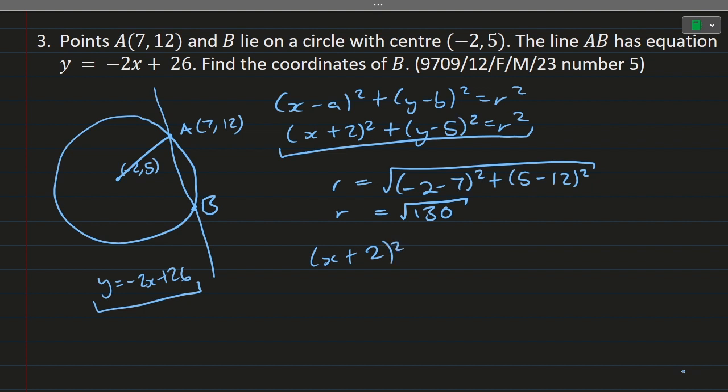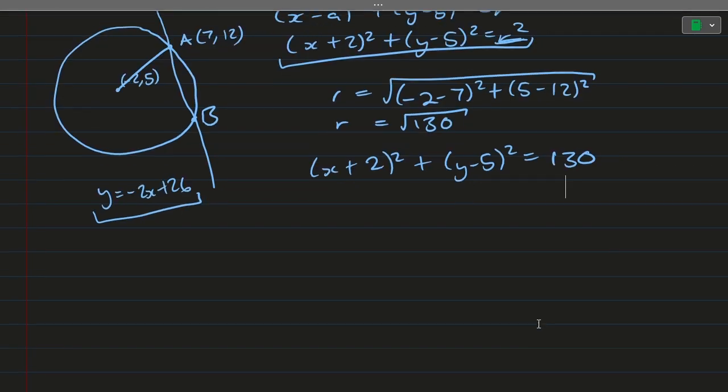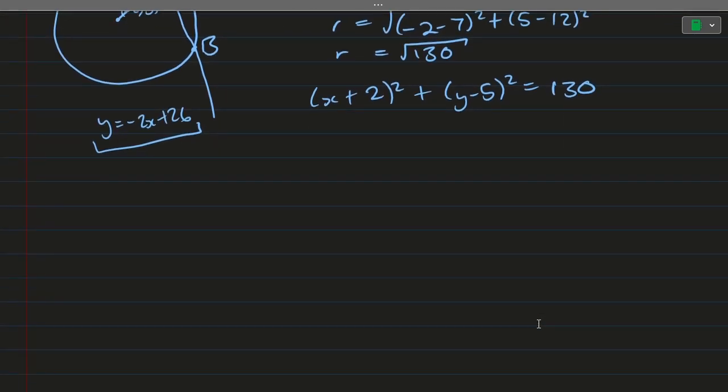It becomes (x plus 2) squared plus (y minus 5) squared, and remember that this is r squared, so instead of being root 130, it now becomes 130. And so now we have the equation of our line y equals -2x plus 26, and we have the equation of our circle (x plus 2) squared plus (y minus 5) squared is equal to 130.